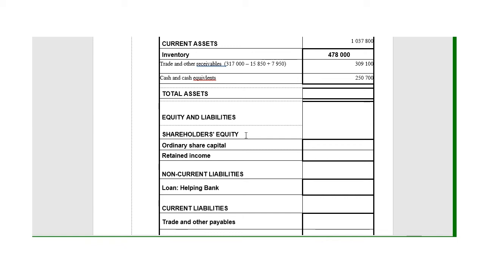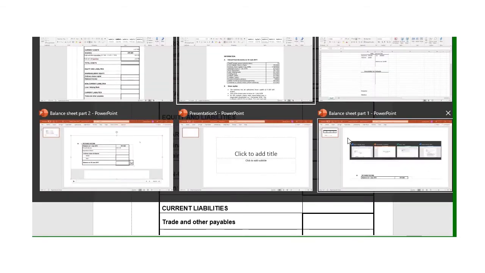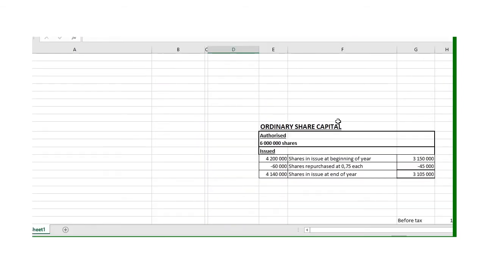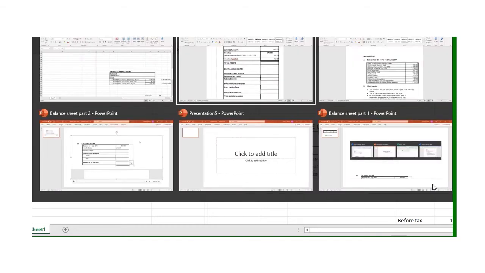The shareholders' equity consists of ordinary share capital and retained income. You have done the notes, so you must put in whatever you got on the notes. So I will go back to my ordinary share capital note and look at what my balance was there. And it was 3,105,000.